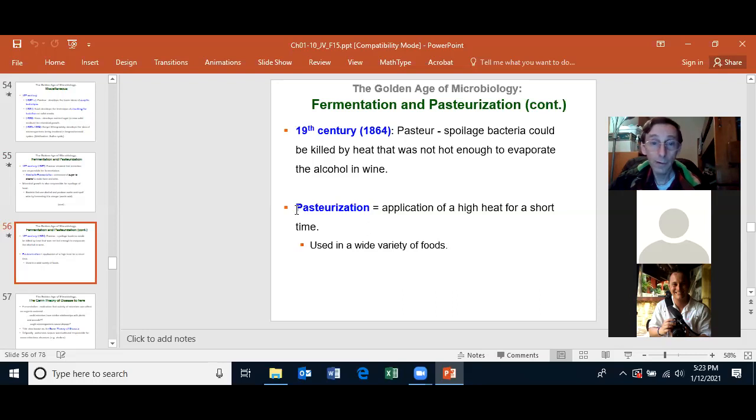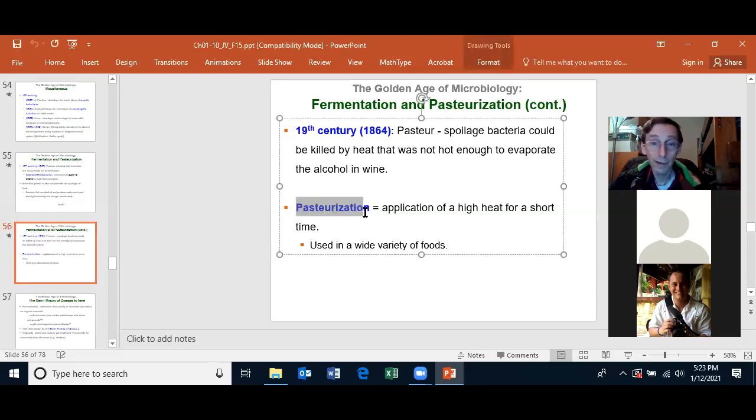Now, I'm sure you've all heard of pasteurization, although it's more common in dairy products. But Louis Pasteur invented it for keeping beer and wine preserved.